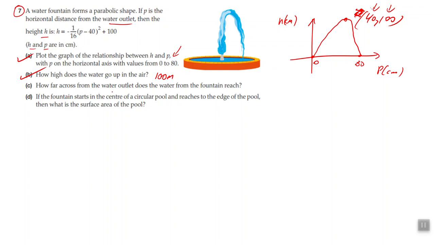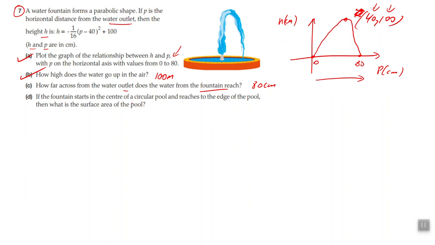How far across from the water outlet does the water from the fountain reach? We can see it can reach up to 80 centimeters. So how far across? It will be 80 centimeters because that's the maximum where it drops back down.